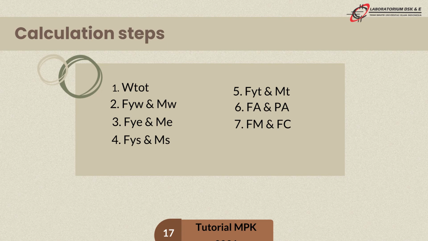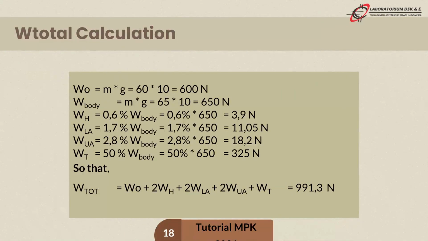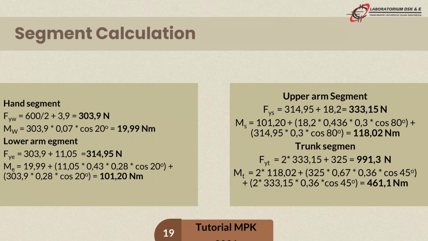This is the result of the calculation in weight total, and the total is 991.3 Newton. And this is the calculation of segment. First, for hand segment, we can obtain the moment in the wrist is 19.99 Newton meter.